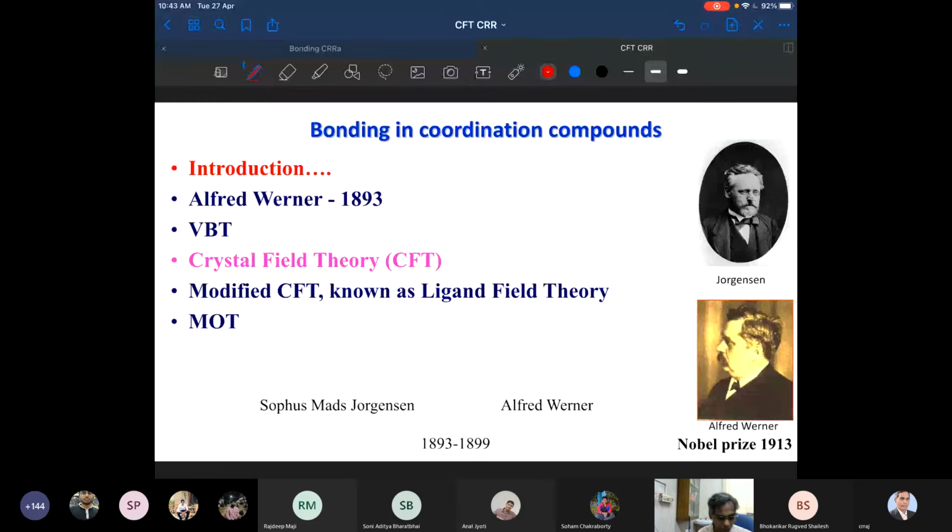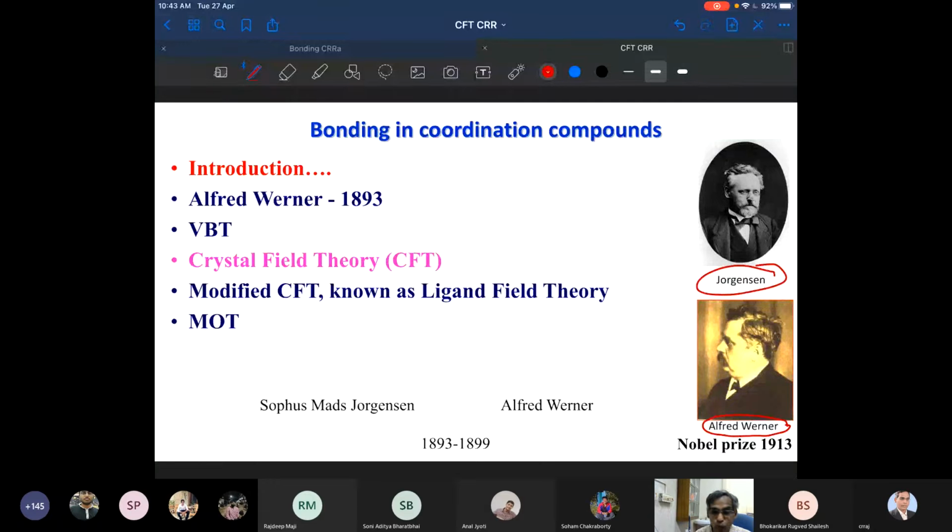Now look at here. I'm not sure how many of you read through your chemistry textbook when you were preparing for your JEE or your class 10. Even if you Google it, you will be able to see that Jorgensen and Alfred Werner.